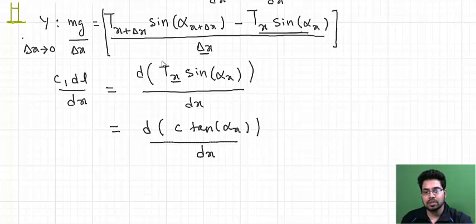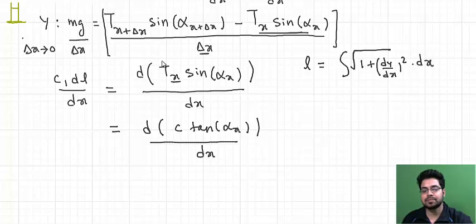But remember, the length of the segment L is given by integration. L is the length of the arc, so the length of the arc is given by the integral of root under 1 plus dy by dx whole square into dx.